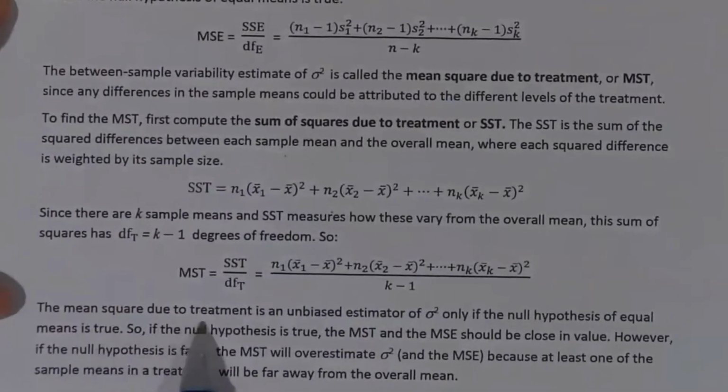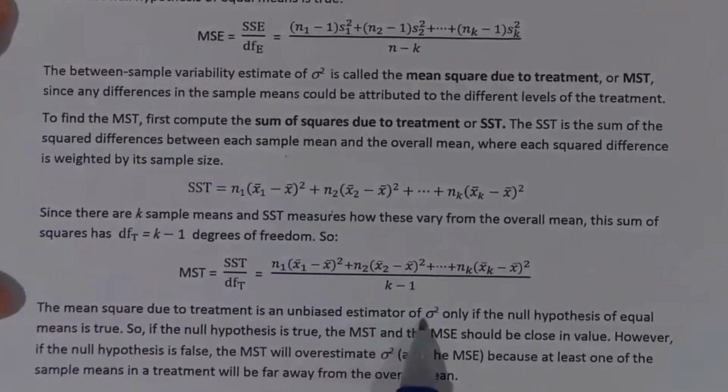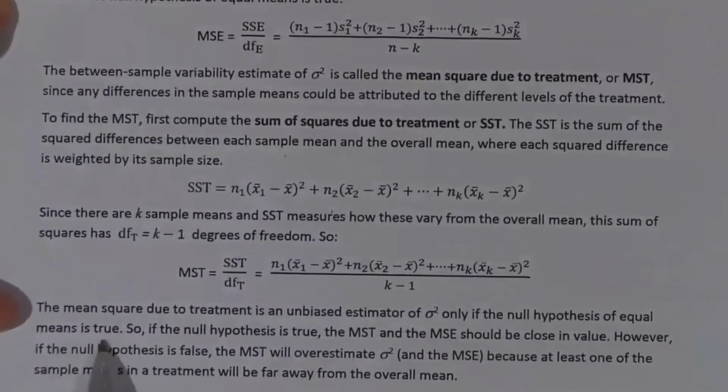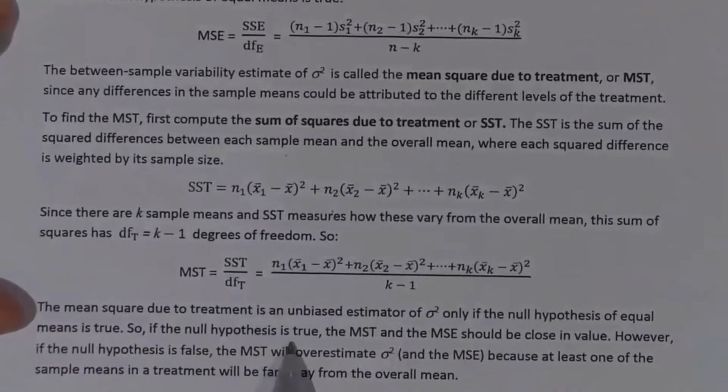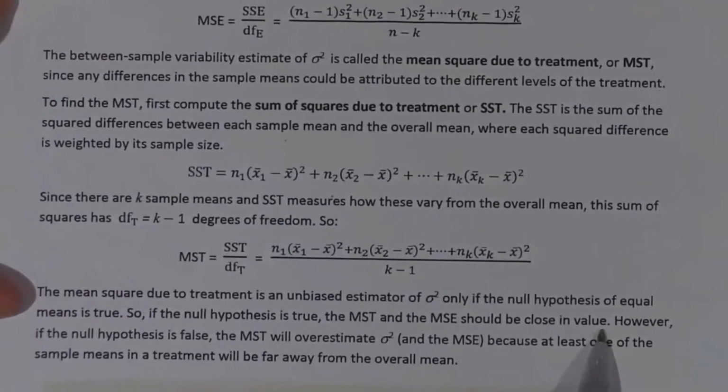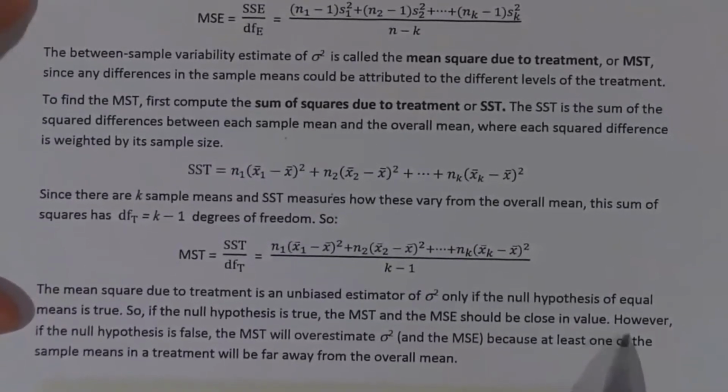So the mean square due to treatment is an unbiased estimate of sigma square only if the null hypothesis of equal means is true. So if the null hypothesis is true, the MST and the MSE should be close in value. They should be approximately equal.